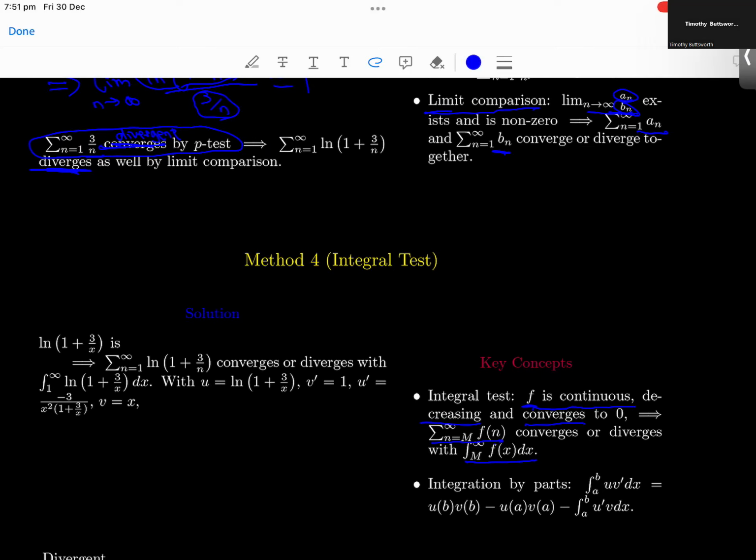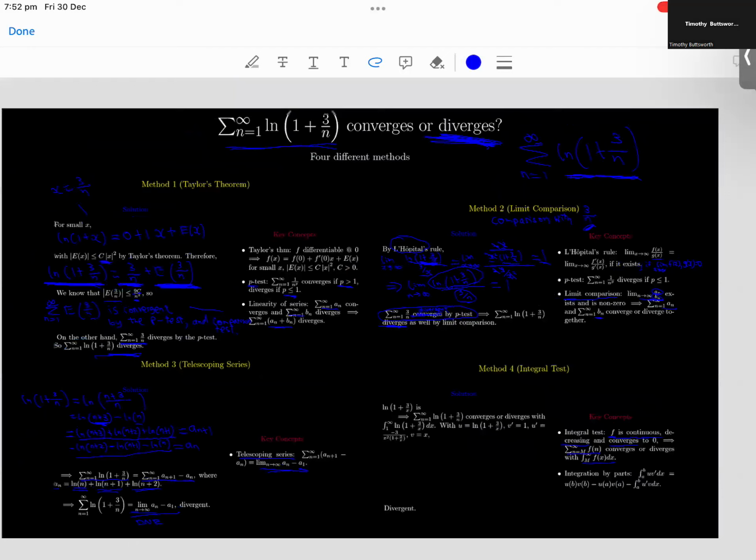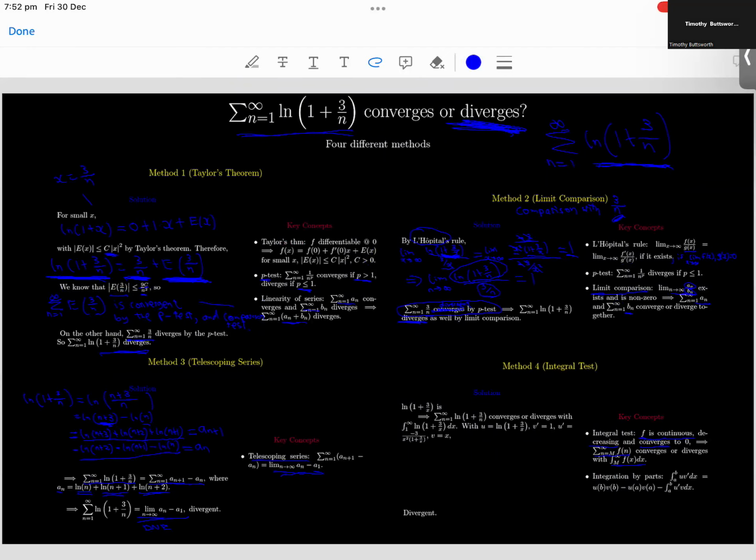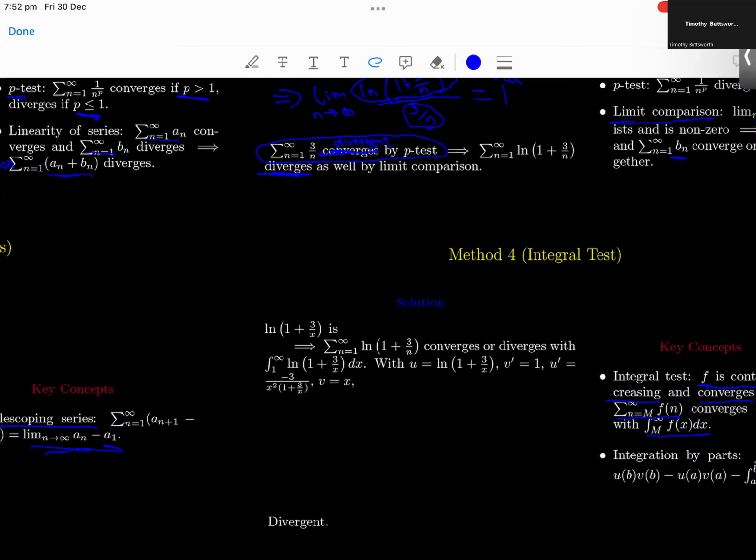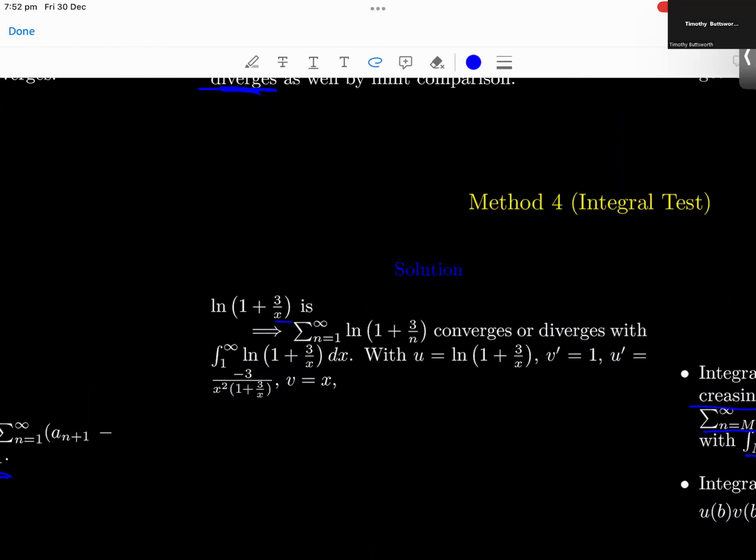Okay, so we're looking at the sum of ln of 1 plus 3 over n from n equals 1 up to infinity. So that means we're interested in looking at this function here, ln of 1 plus 3 divided by x. Well, the good news is that if x is bigger than 1, this function is decreasing. It is continuous.